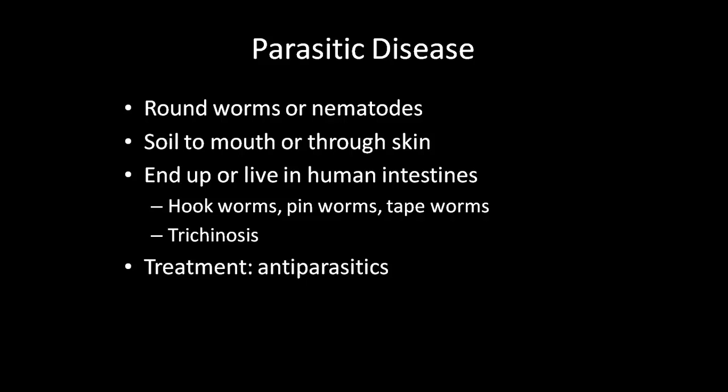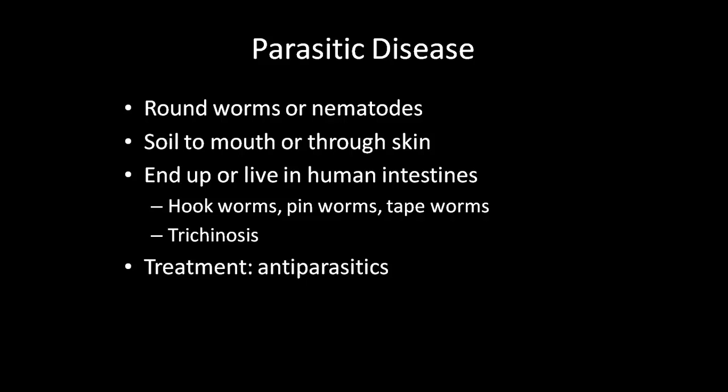Next one we'll talk about is parasitic disease. This is really kind of what we see on Discovery Television. It's pretty rare, but it's a rare infection from Africa where we get these weird worms that come out.